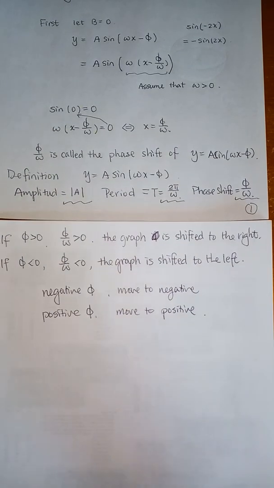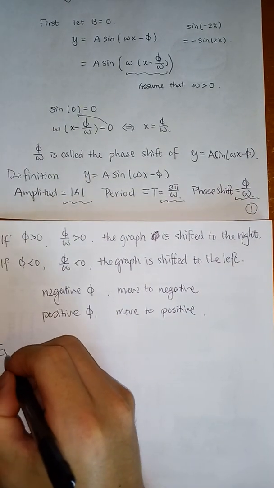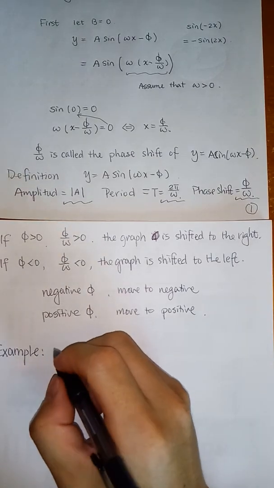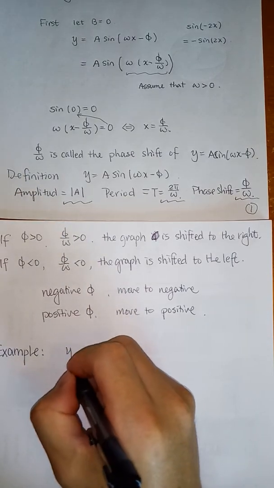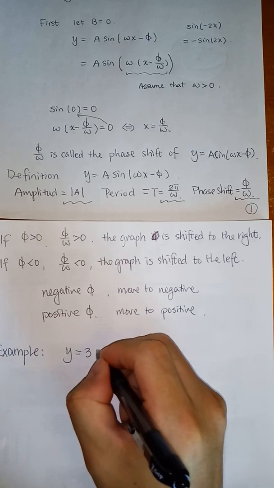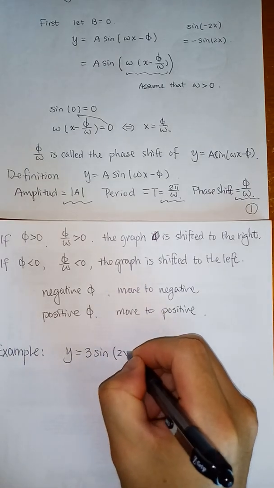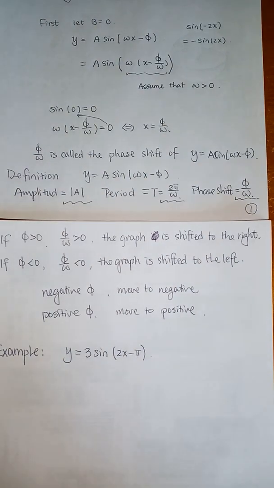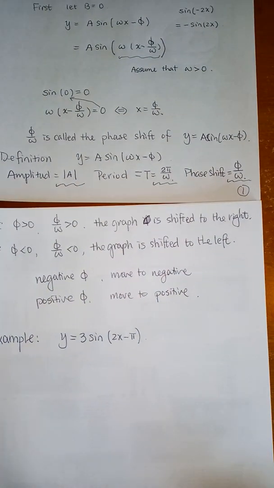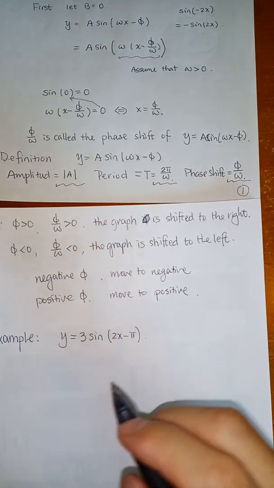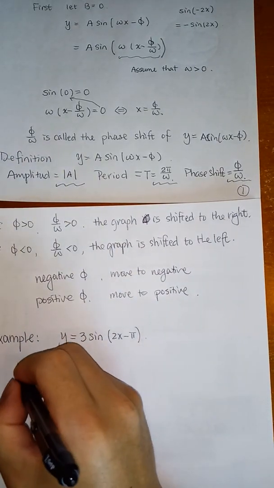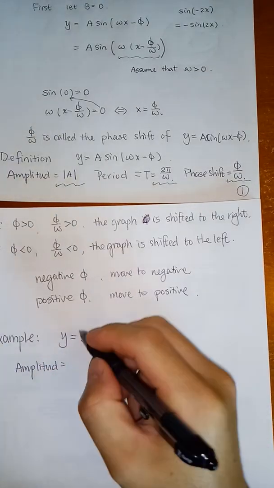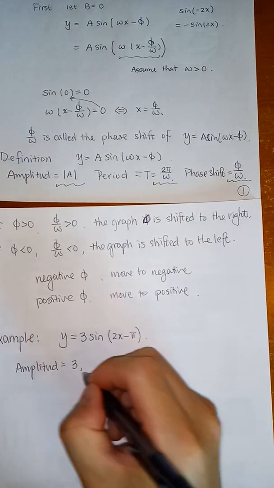Okay, so that's the way. Let's check the example. Assume we have this function y is equal to 3 sine 2x minus pi, and we're going to graph it. Before we graph it, the amplitude is the absolute value of 3, which is 3.